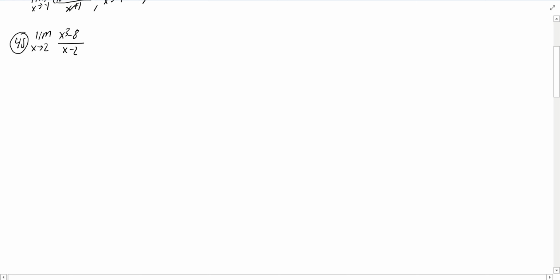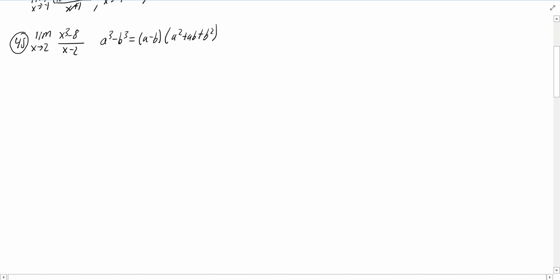Before we actually get on to factoring this numerator, we have to recognize that this is a difference of cubes. If we have a difference of cubes, there's a general formula that we can use in order to factor and simplify them down. This formula is a cubed minus b cubed equals a minus b times a squared plus ab plus b squared.